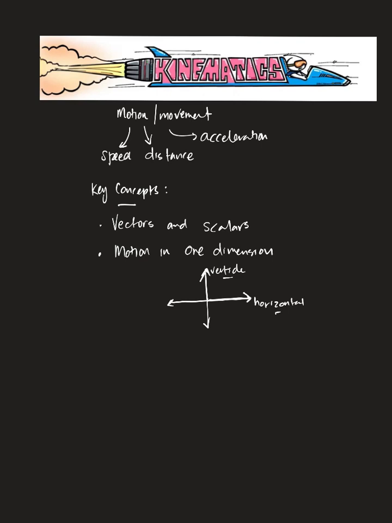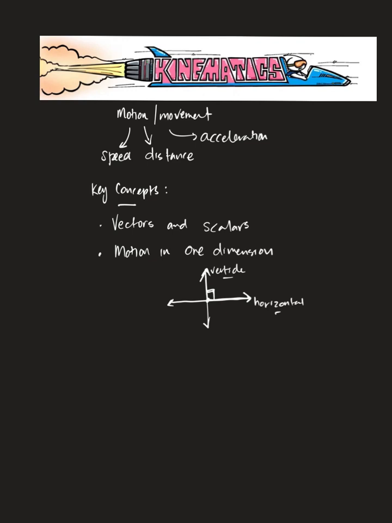So we're working in only one dimension at a time. We're not working with something that's moving vertically and horizontally at the same time. We're either looking at something that's moving along the x-axis, horizontal to the earth, or something moving vertically, which is going to be perpendicular to the earth. So those are your two key concepts.